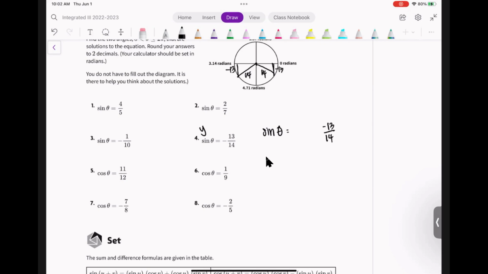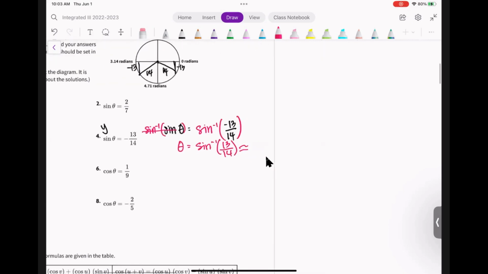So sine inverse both sides, and these two inverse each other out. I'm left with theta equals sine inverse of 13 over 14. Now I'm going to plug it into my calculator and see what it gives me.